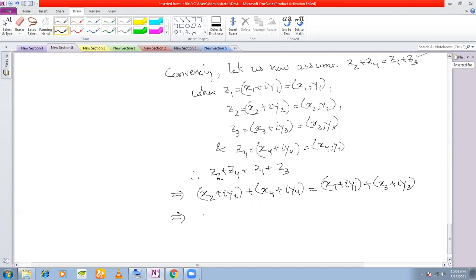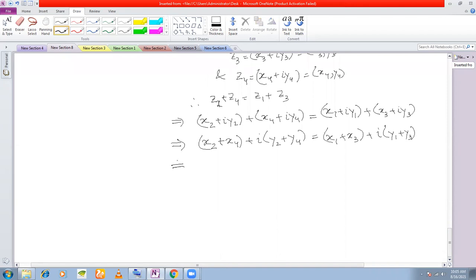Okay, so that means X2 plus X4 plus I times, separating the real and the imaginary parts, is equal to X1 plus X3 plus I times Y1 plus Y3.